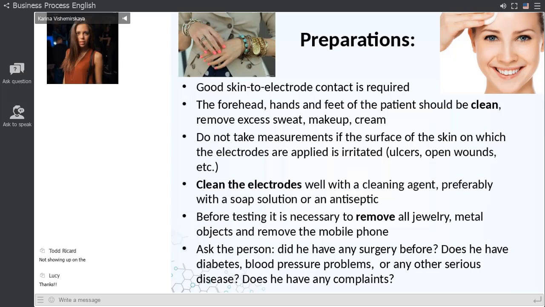And before making a test, you need to ask yourself, if you are testing yourself or the person you are testing, does he have any complaints? Did he have any surgery before in his life? Does he have diabetes, blood pressure problem, or any other serious diseases? It's very important because, as I told before, this life expert mode for diagnostic is not for professionals.